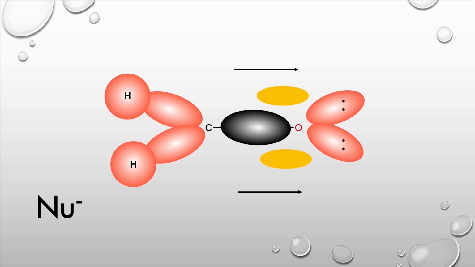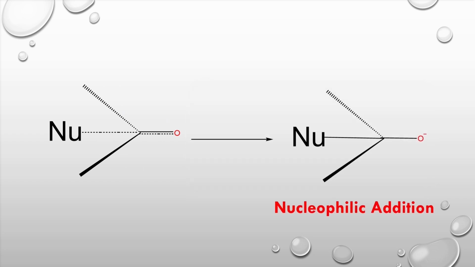This nucleophilic attack converts the pi bond between C=O into a single bond C-O minus, and converts the sp2 hybrid carbon into an sp3 hybridized carbon atom. Now, a new group, the nucleophile, is attached to the molecule and it forms a new carbon-carbon bond, which is why it is a nucleophilic addition.